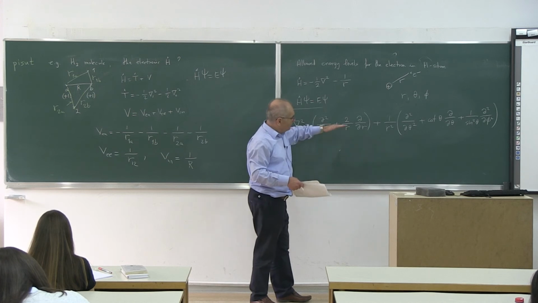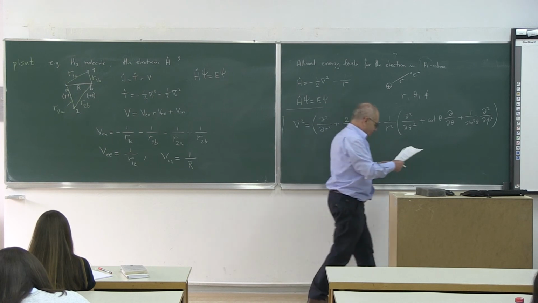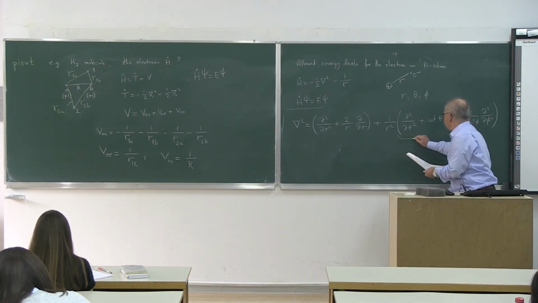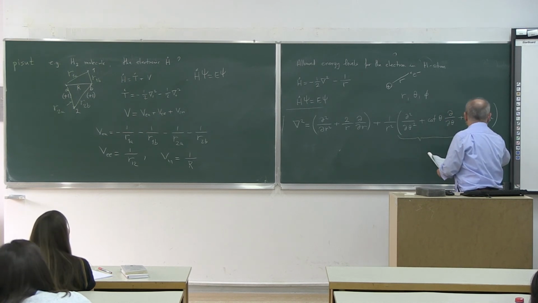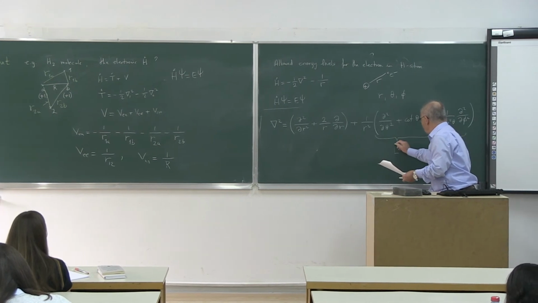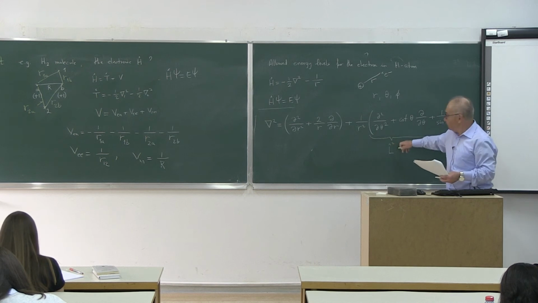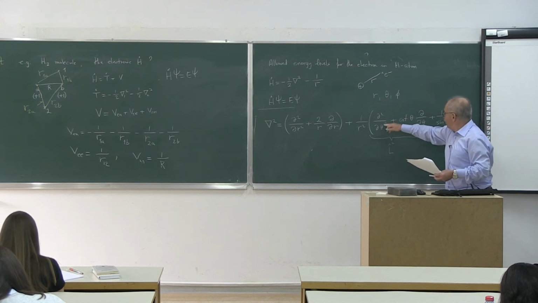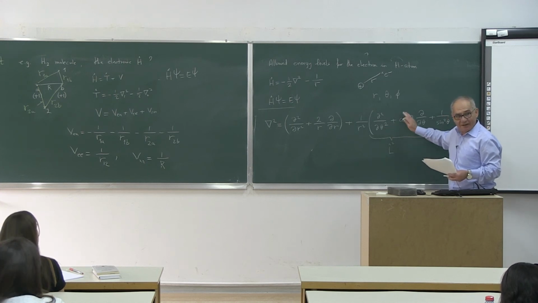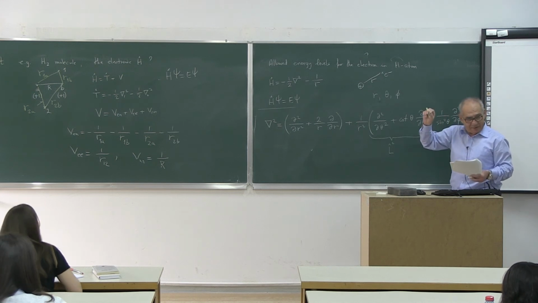However, what you see here, this part, is related to the square of angular momentum. You see, inside the parentheses, the only variables are theta and phi. Just two variables, and these are angle variables.